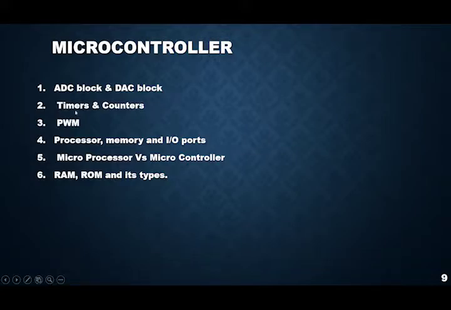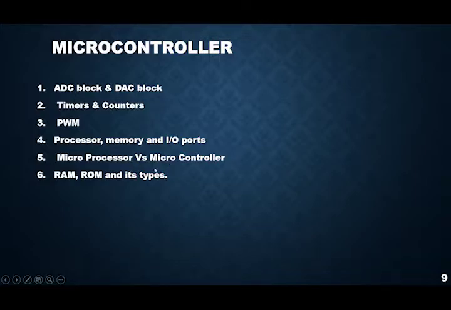Then we have timers and counters. Timers are basically used to keep track of how much delay or time is required, and counters are also used for that. Then we have the processor and memory units, and input output ports. So what is the basic difference between a microprocessor and a microcontroller?